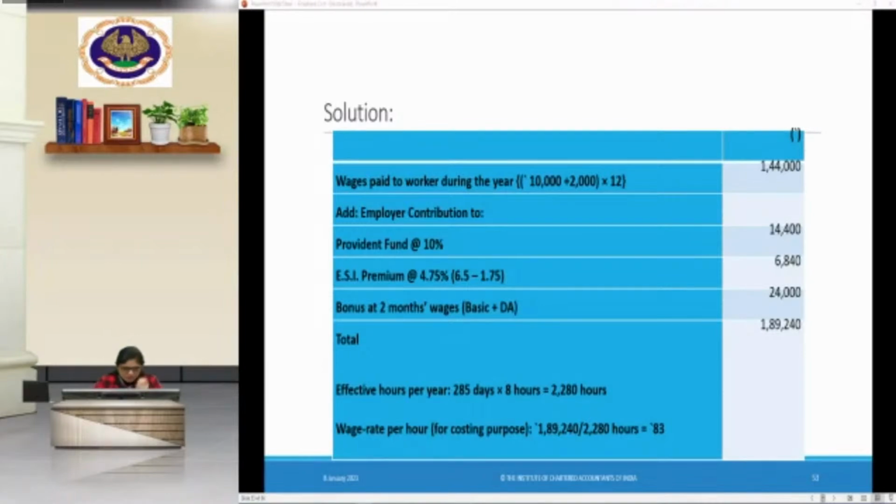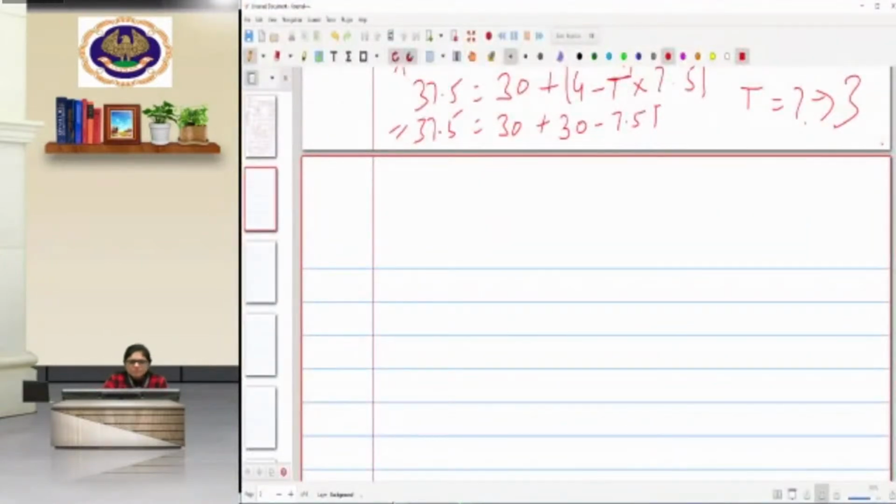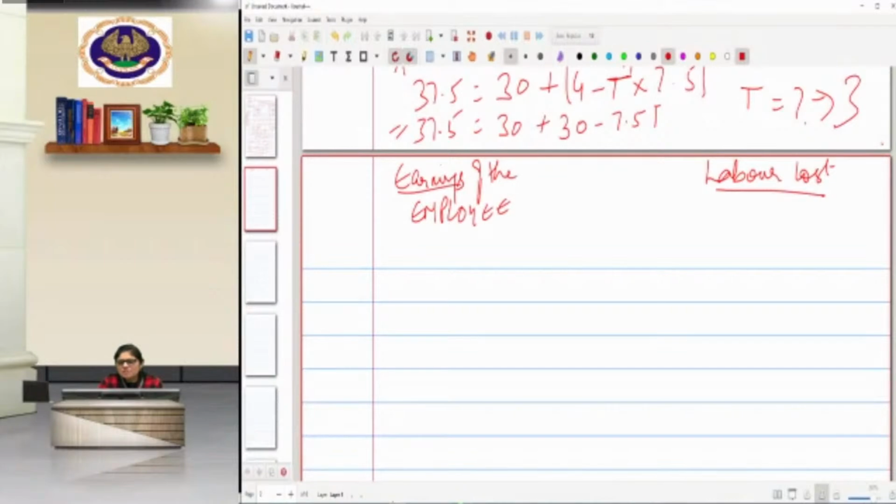Let me just mention it again. See, earnings. Now I'm explaining it again so that those who still don't understand, because this is very important. One thing is we calculate earnings of the employee. And labor cost is for the organization, for the employer.